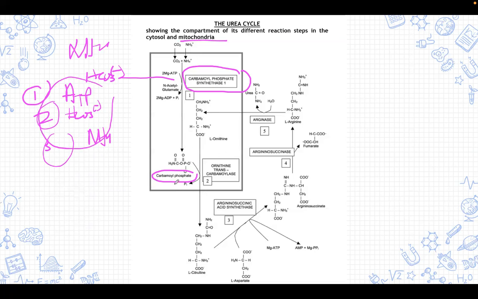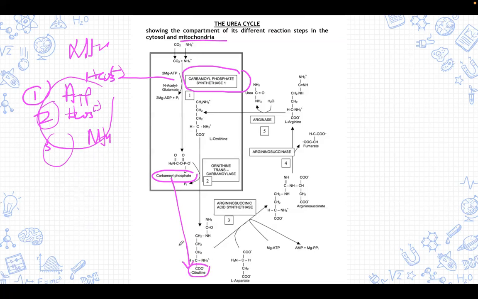So, itong tatlo, makakabuo sila ng carbamoyl phosphate through the help of your enzyme carbamoyl phosphate synthetase. Okay, tapos ka na sa number 1, carbamoyl phosphate, mako-convert naman siya into a new molecule. Yun yung tinatawag natin na citrulline. Ito siya.